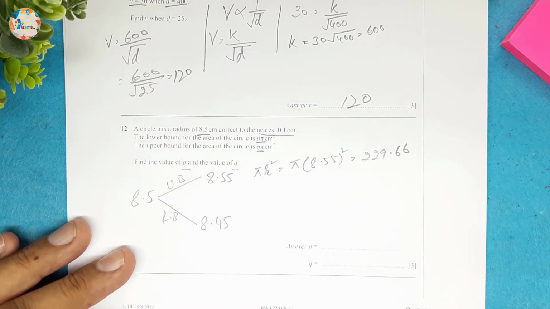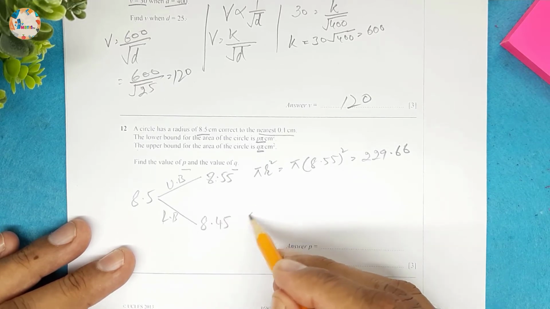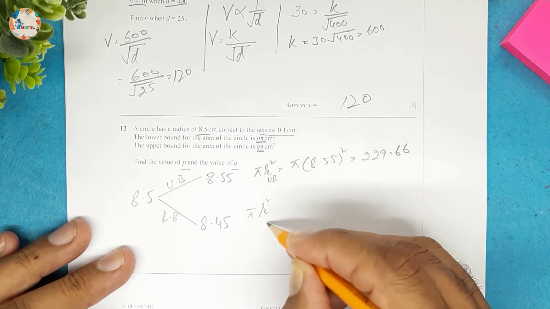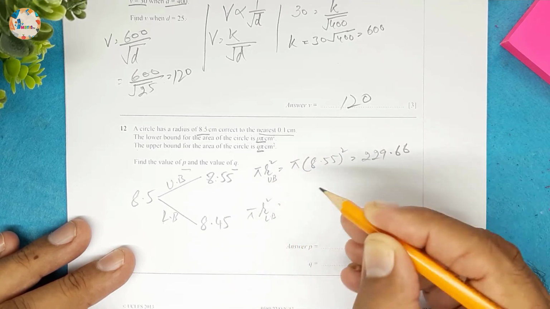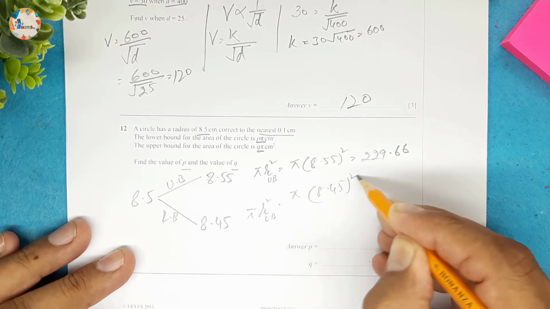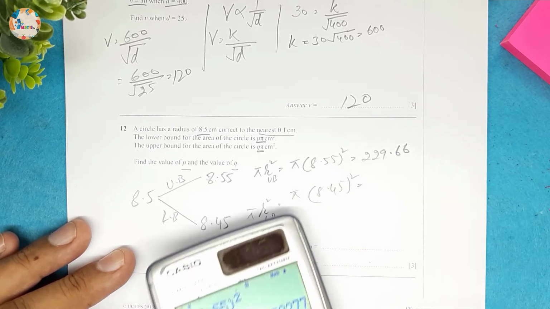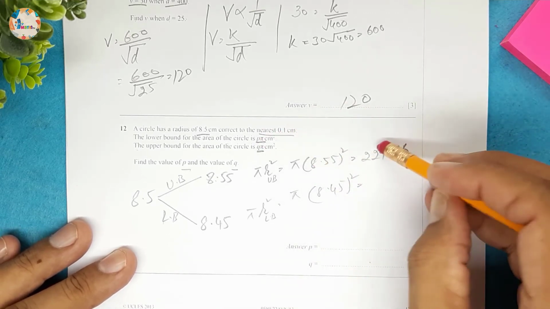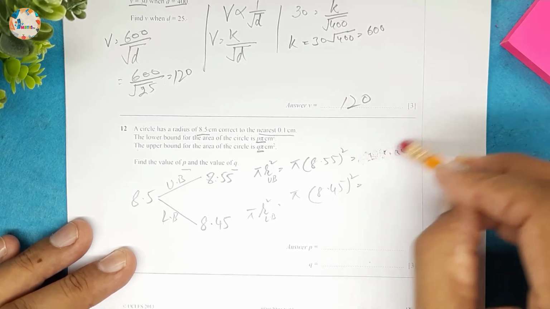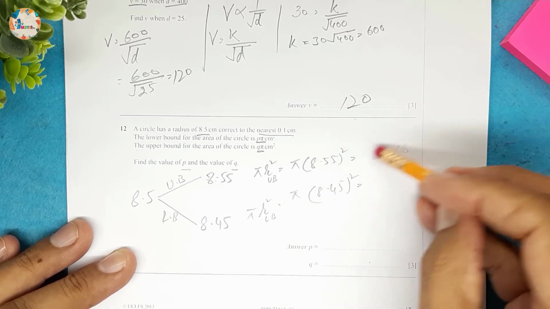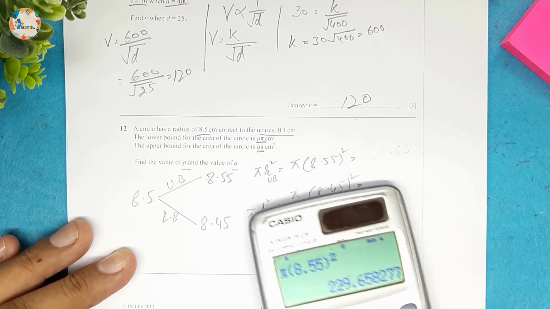Then for the lower bound, π times 8.45 squared is equal to, we can write this basically in the form of π, as we require. So we will change this again into π format, recalculate, and write the answer in π format.